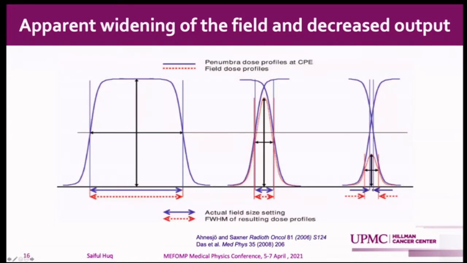Here, these blue arrows show the collimator setting, and the full width half max is given by the red arrows. So there is an apparent widening of the field size. The full width half max is larger. The other important thing is that on the central axis there is a reduction in the beam output. Because of this, in the code of practice the recommendation is that for small fields, the field size should not be identified by the collimator setting, but by the full width half max.